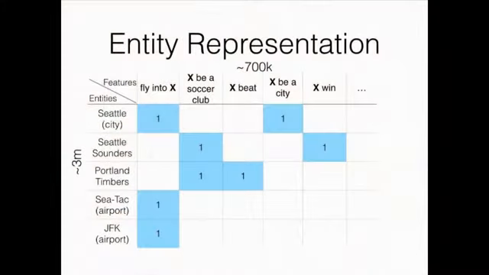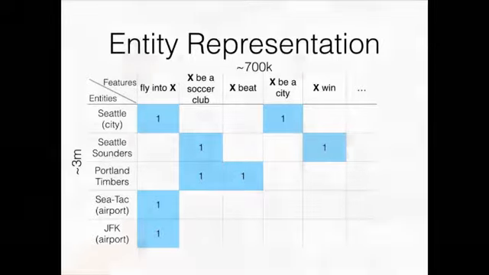After the processing, we have a huge matrix where the rows are the entities and the columns are the features. The number of entities in this matrix is around 3 million, and the total number of features is around 700,000.